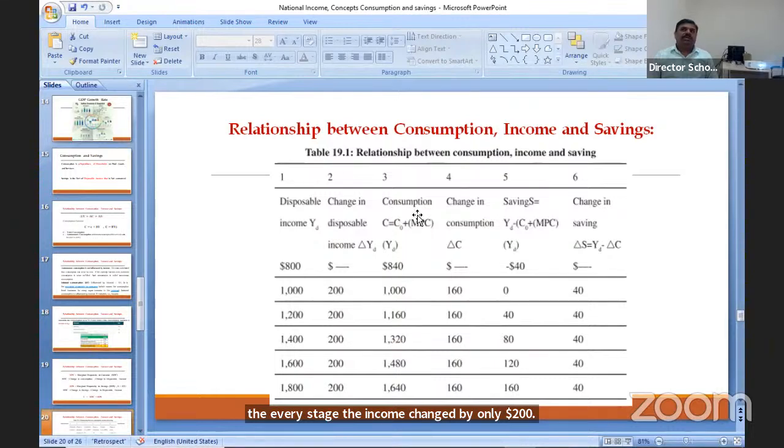Then what happened? The consumption function. The consumption function means here the person has the consumption function. When we calculate the values using the consumption function equation, then we get these values. Okay, like if MPC is 0.5 or MPC is 0.4 or MPC is 0.3, then we get these values.